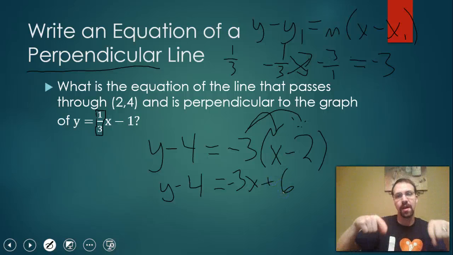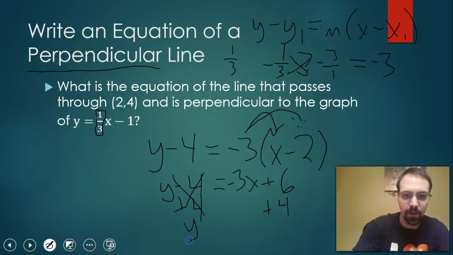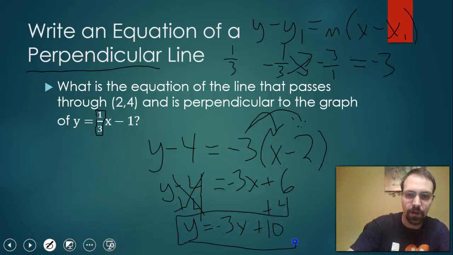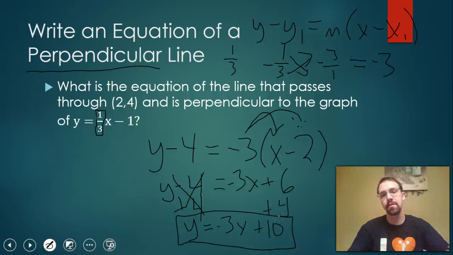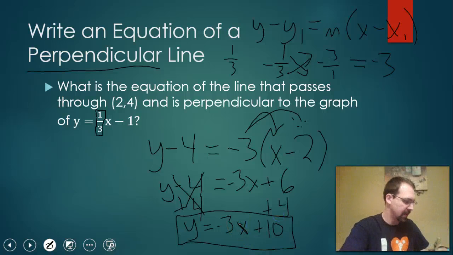Bam, we're almost done. We just got to get rid of that -4. So let's add 4 on both sides. And we get y equals -3x plus 10. We are done. -3x, not -3y. There we go. Glad I could help you.